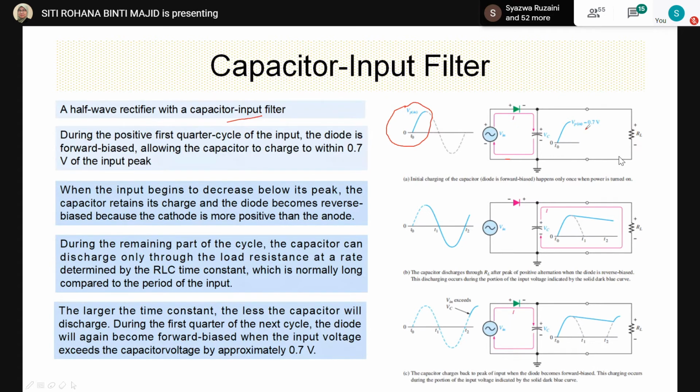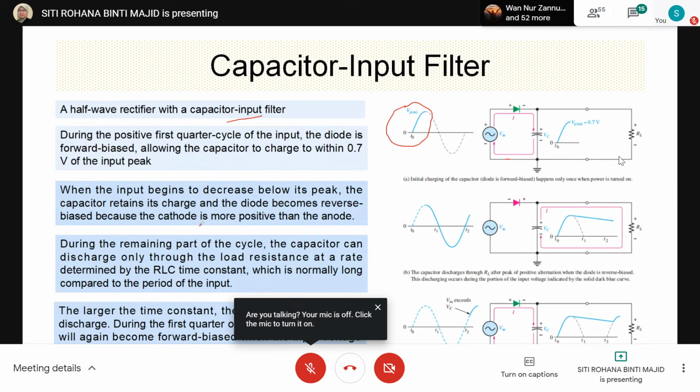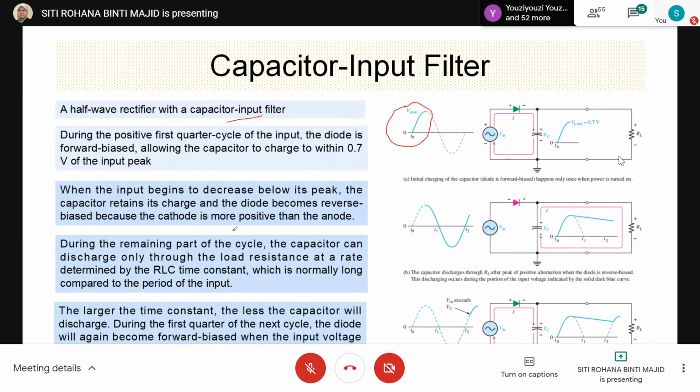I think you know what a capacitor is. It is a device that can charge very fast and store energy. So once the input voltage Vp in increases, the capacitor starts to store energy.